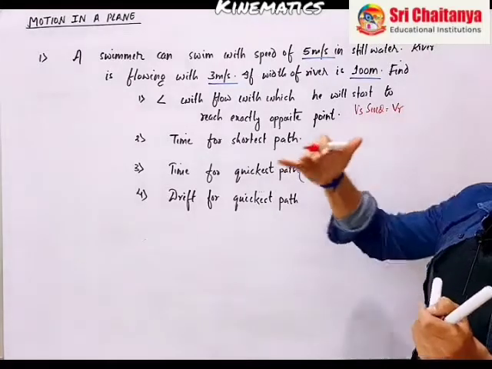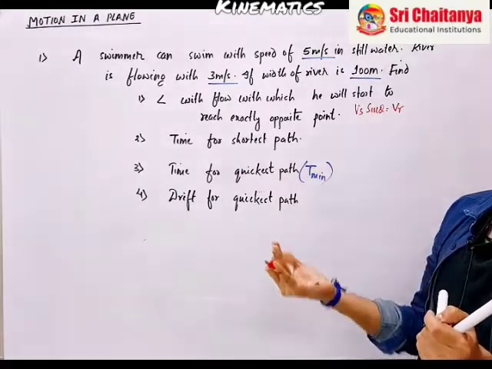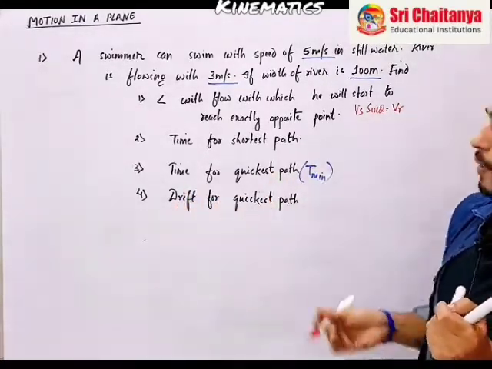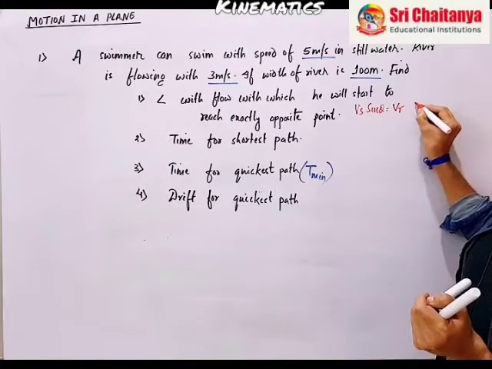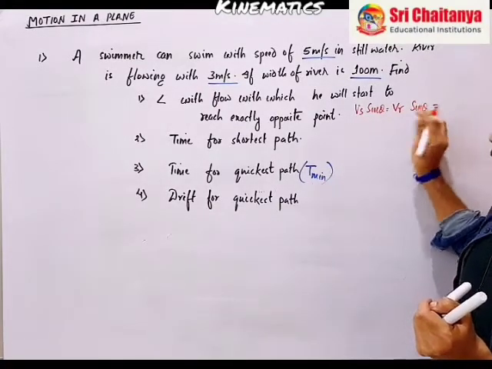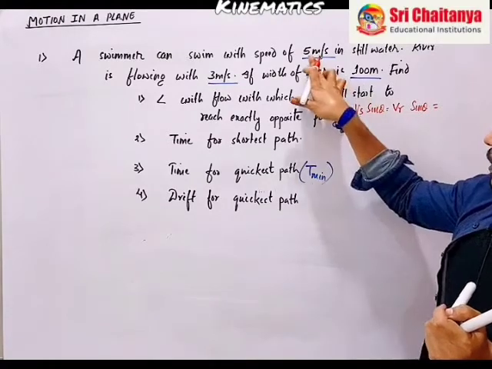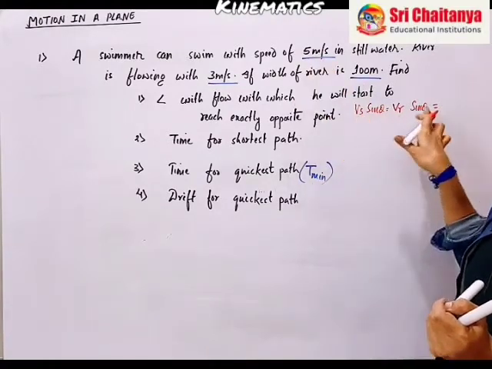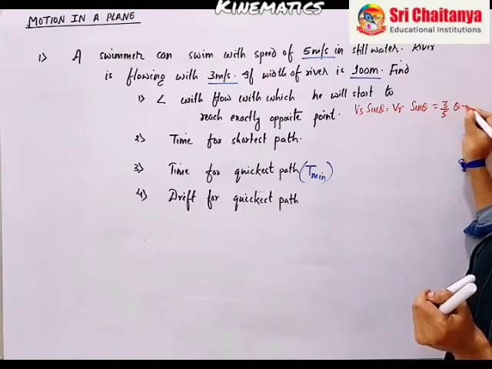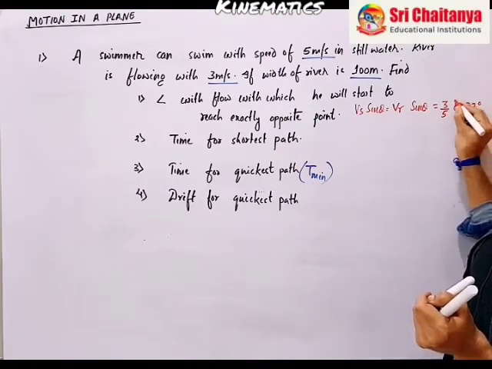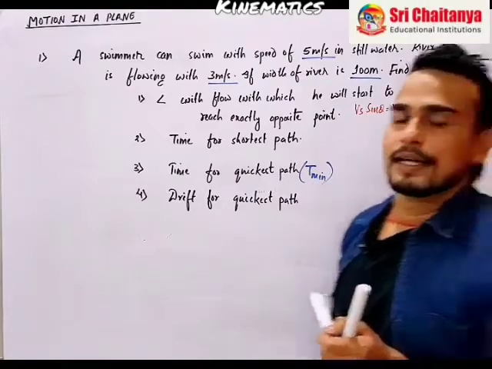One component of the swimmer's velocity will balance the river velocity, then only he will reach exactly the opposite point. From here, Vr is 3, Vs is 5, so sin theta will be 3 by 5, that means theta will be 37 degree. But don't think that the answer is 37 degree.